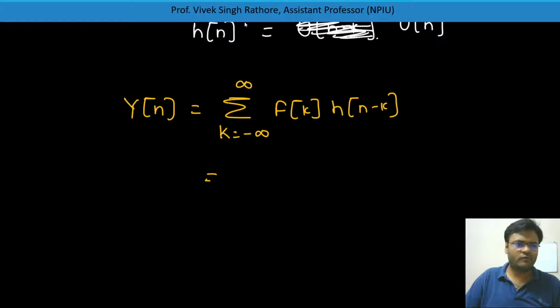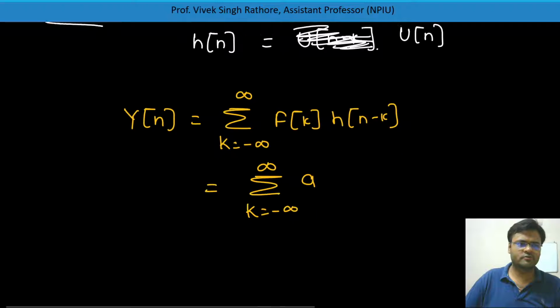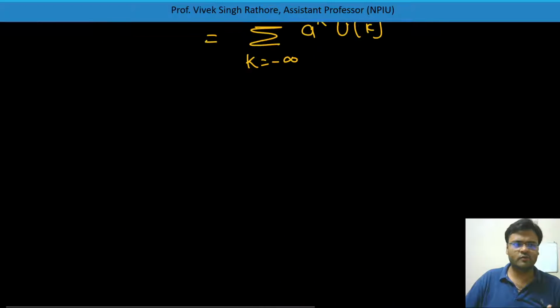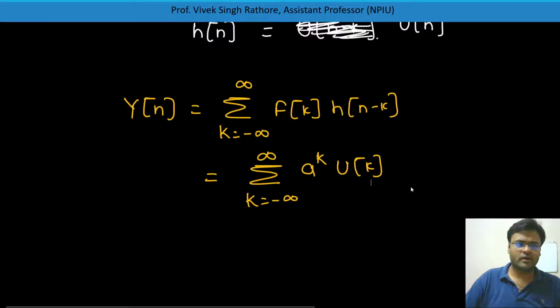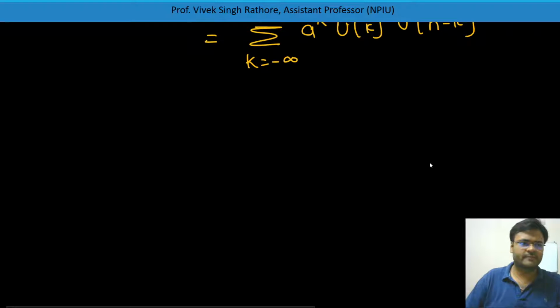Here f(k) is a^k u(k), and h(n) is u(n), so h(n minus k) is u(n minus k). Simple. Now you can see what we are doing.